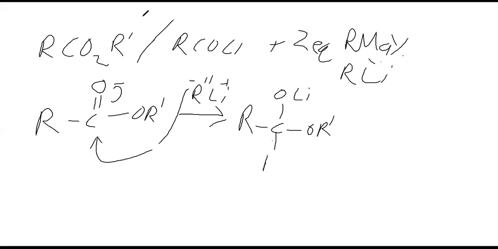There's our R double prime. So swing down, kick out our functional group. Reform our aldehyde, C double bond O. Then we add again. And of course, finally, last step is add water to form the alcohol.